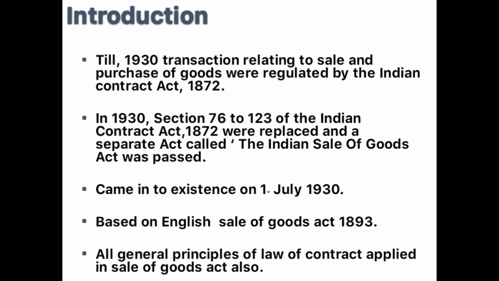This act came into existence on 1st July 1930, based on the English Sale of Goods Act 1893. All general principles of the law of contract apply in the Sale of Goods Act also.